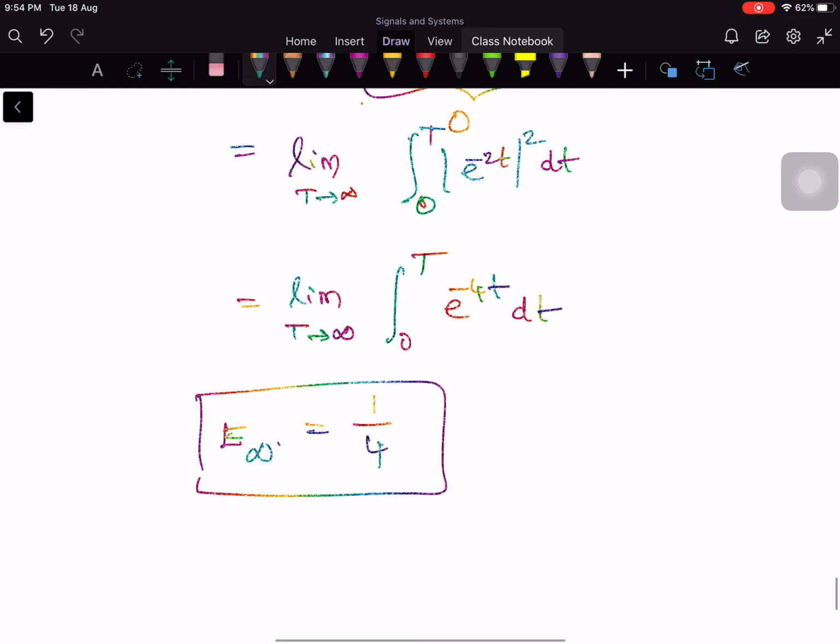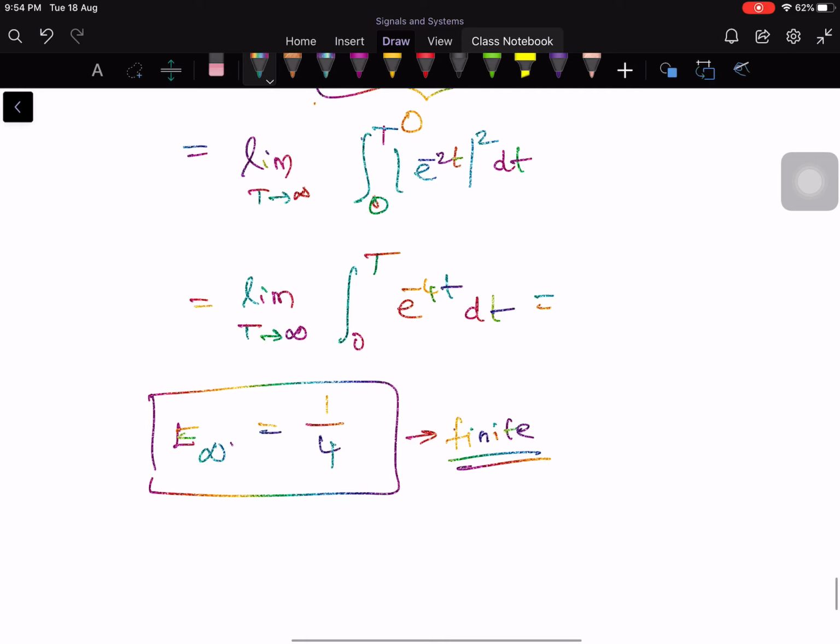Now look at here the total energy. The total energy is finite. If it is finite, then you can call this signal a finite energy signal. If you want, let me work on it.